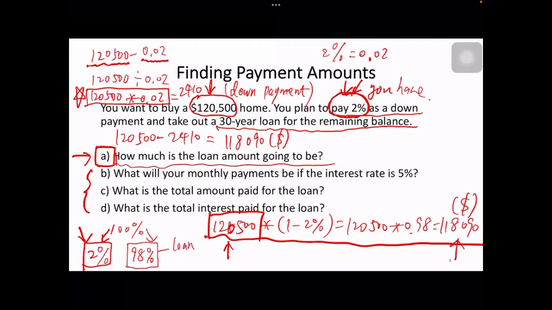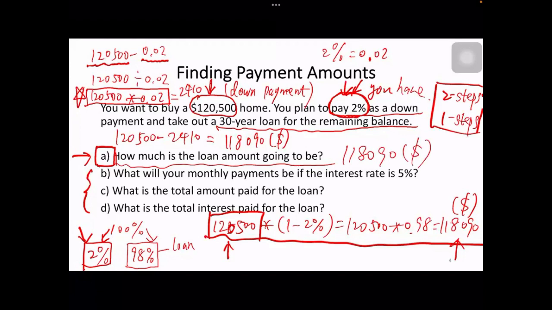All right, so either way, you can get the loan amount, either 2 steps or 1 step. Okay, either logic works. You should get exactly the same result. So the answer for question A is 118,090. Okay, that's the loan amount.